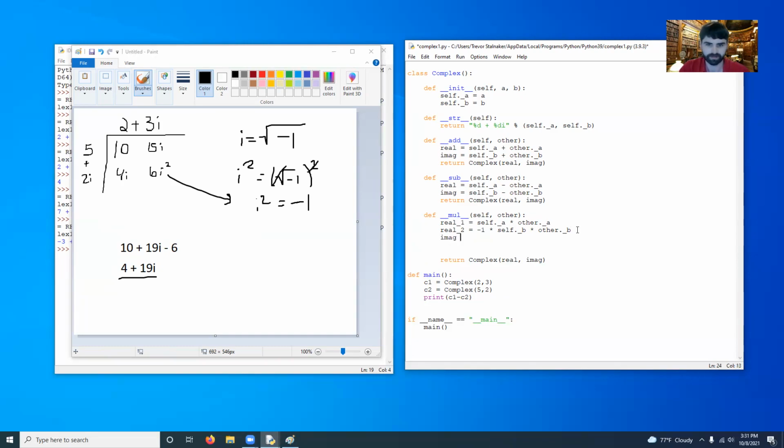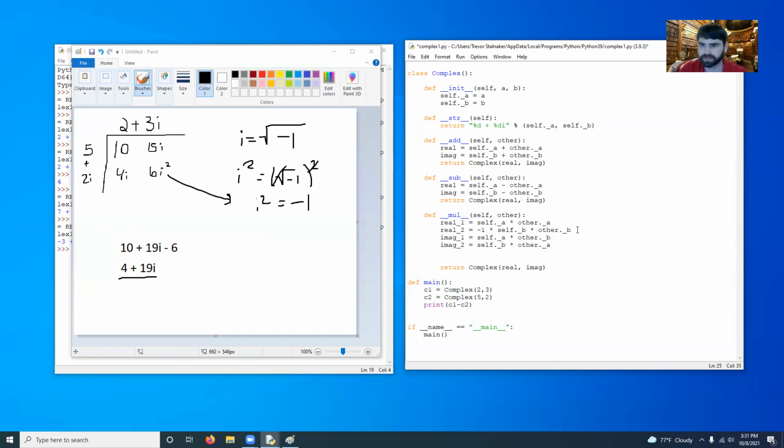And then we're going to have 2 imaginary components here. So we're going to multiply the first real number by the second imaginary number. Then we're going to multiply the first imaginary number by the second real number.